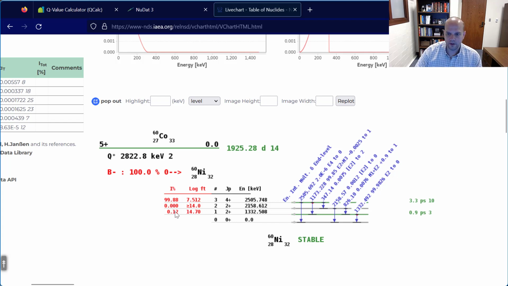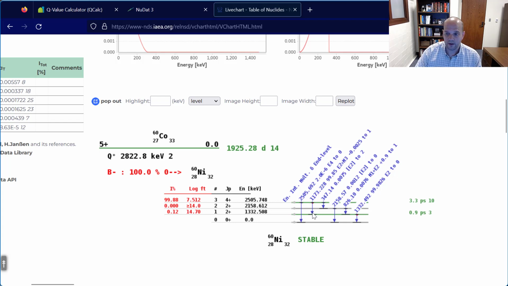0.12% is going to go down to the first energy level, and so we see going to the first energy level, I release some amount of that 2.82 MeV. And then when I go from that first energy level down to the ground state, I release the rest of it. And likewise, when I go to that third energy level, there's an opportunity for me to go straight down all the way to the ground state.